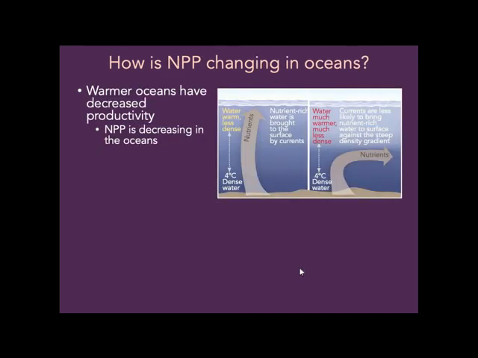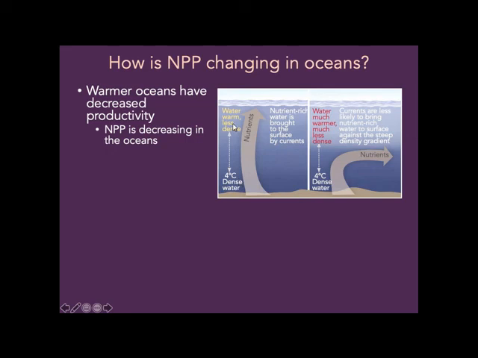All right, how is NPP changing in oceans? Well, if the ocean is warmer, it has decreased productivity. So let's talk about that a little bit. Remember we talked about the fact, when we were talking about lake turnover, that 4 degrees Celsius is where water is most dense, right? The H2O molecules are the closest together at 4 degrees Celsius.